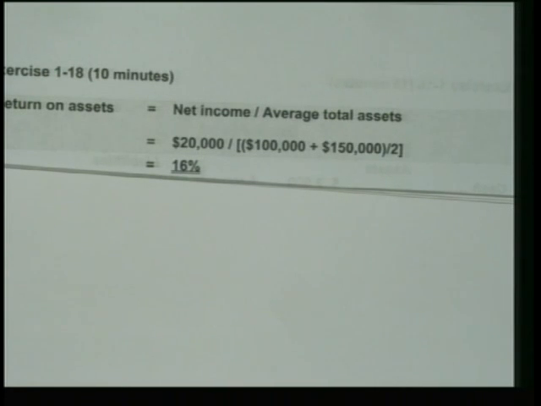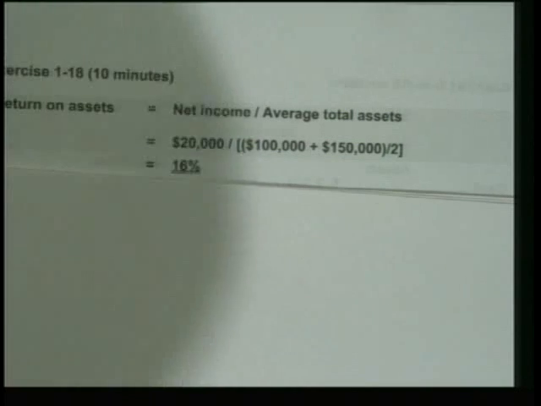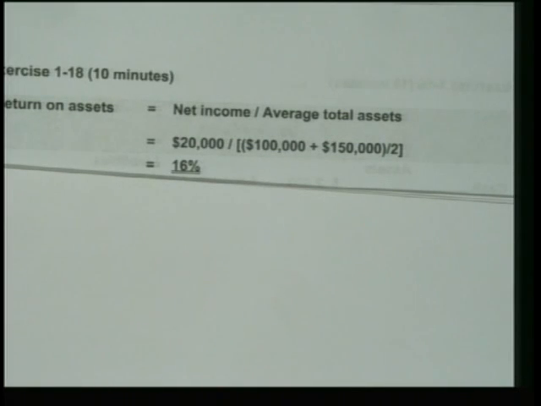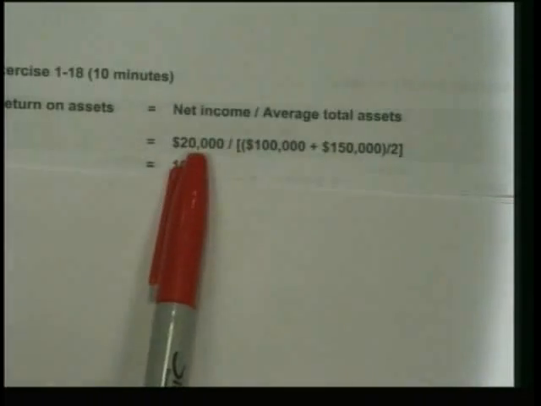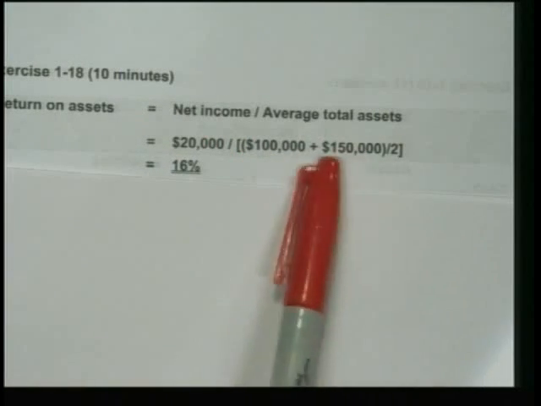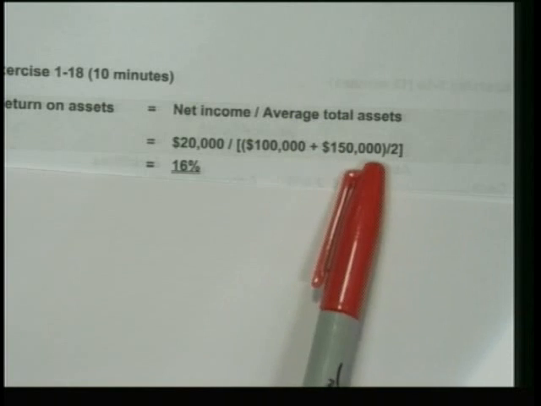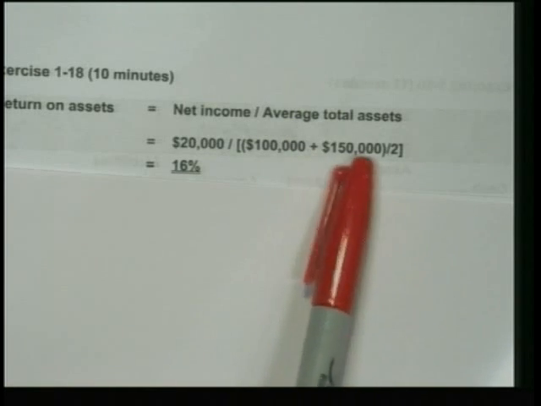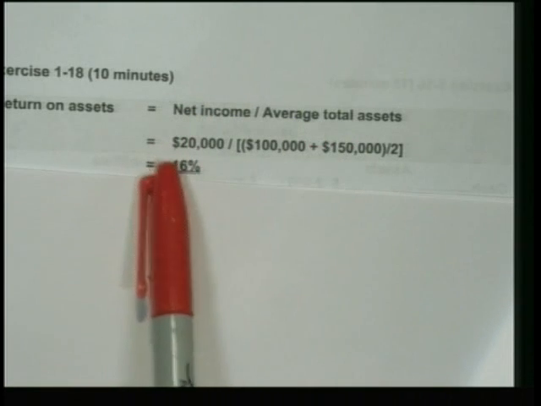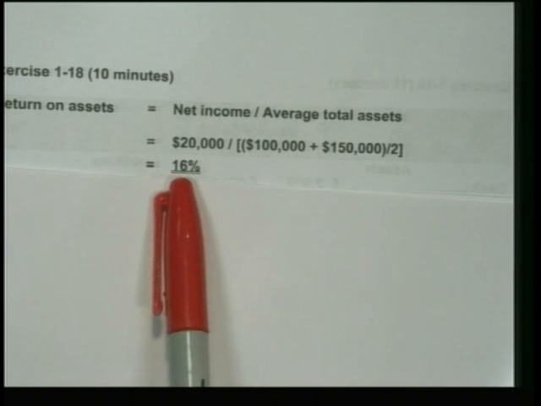By the end of 2011, assets had grown to $150,000. What is Geneva Group's 2011 return on assets? How would you assess its performance if competitors average a 10% return on assets? Well, we take that net income of $20,000, divide it by the average total assets, which in this case is $125,000. 20 divided by 125 is 16%, right?